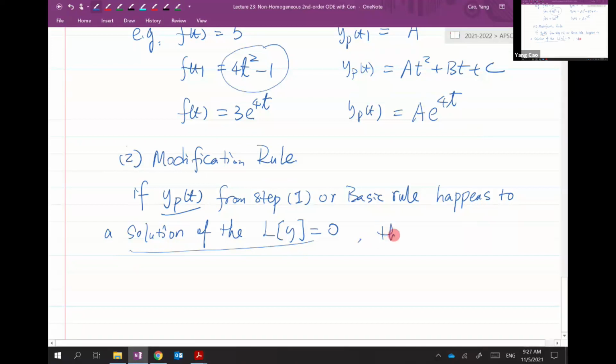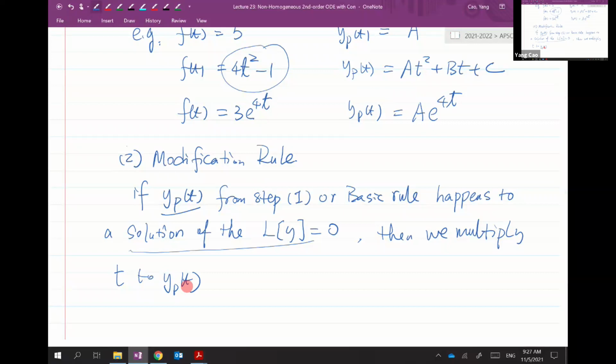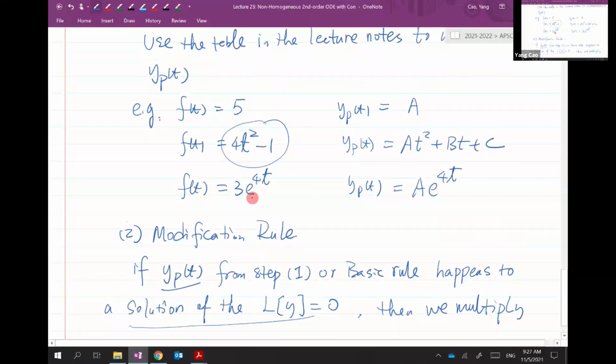Then we multiply t to yp of t. For example, see this example here. Your input is 3e to the power 4t, and you picked your yp as A e to the power 4t.